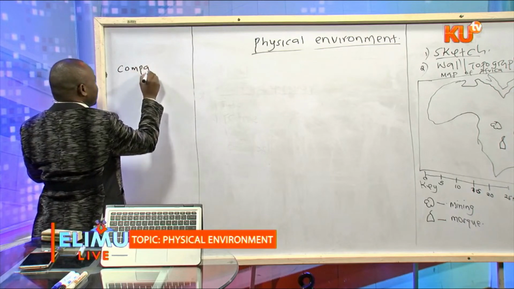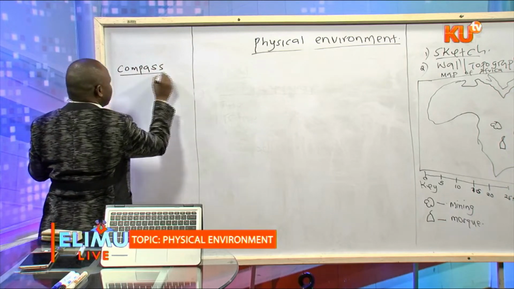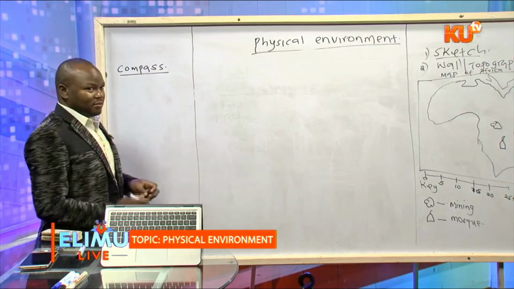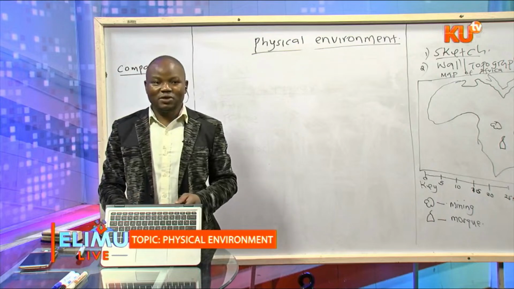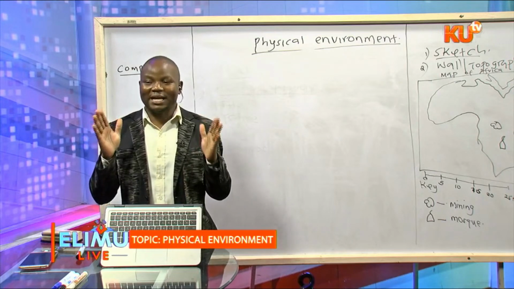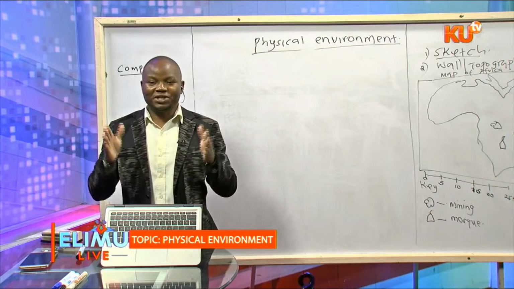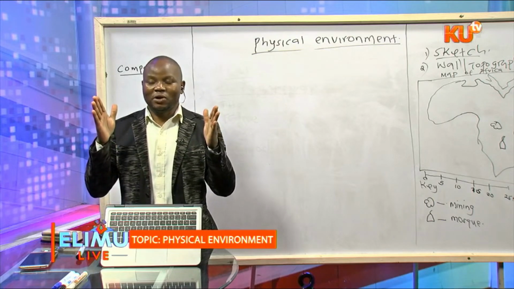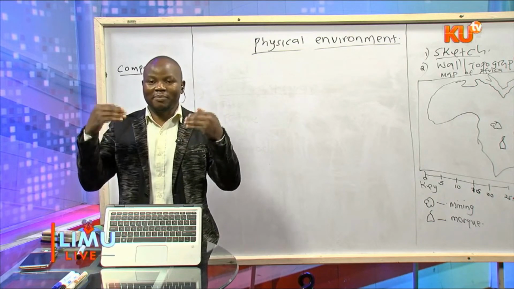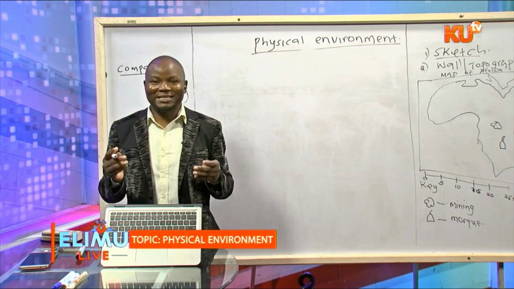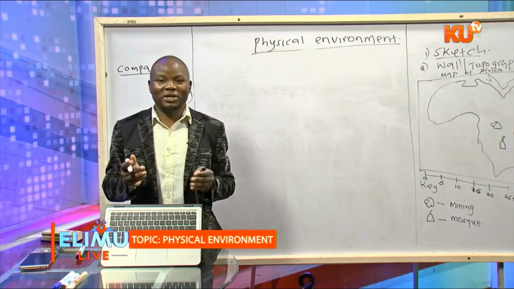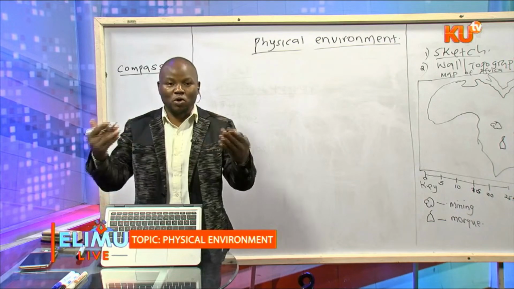Compass. A compass will give us the direction at which something points. The compass always tells us the direction, and it always guides us to a place where we want to go.